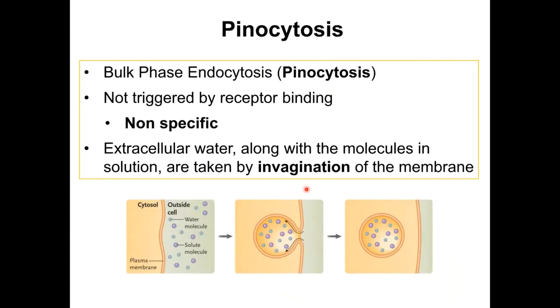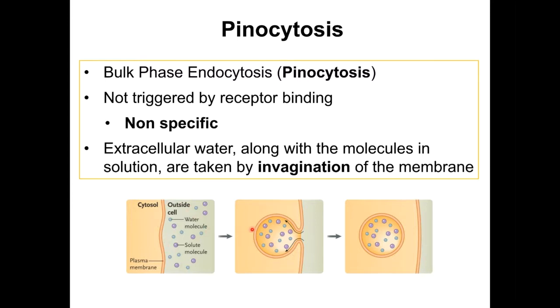Pinocytosis, again, is referred to as bulk phase endocytosis. There is nothing that triggers it. For example, if you put a dye outside of an amoeba, it will quickly move inside the amoeba, because amoebas keep doing pinocytosis. They keep ingesting all the material outside, forming these endocytic vesicles.